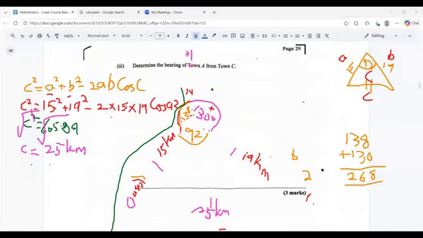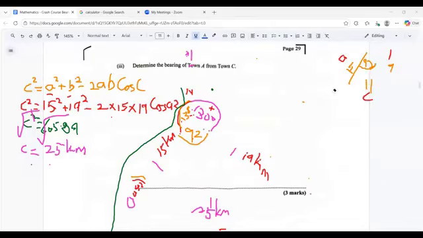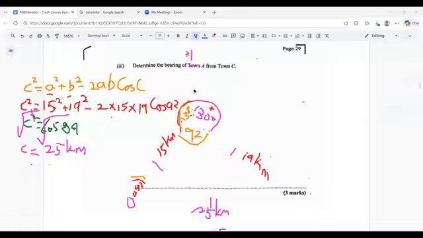But as I always say, when you're doing any questions that have to do with measurements or diagrams like these, whenever you find an angle, put it in the diagram. Whenever you find a side, put it in the diagram, especially when the question has multiple parts.